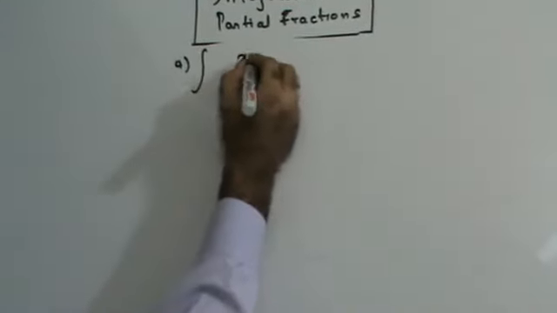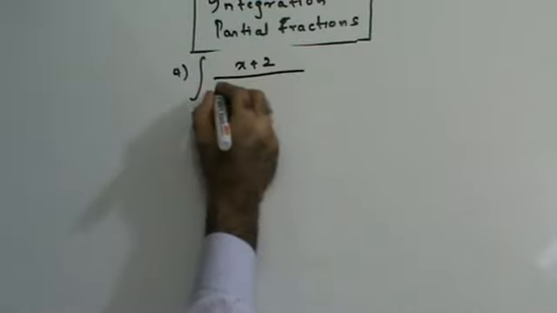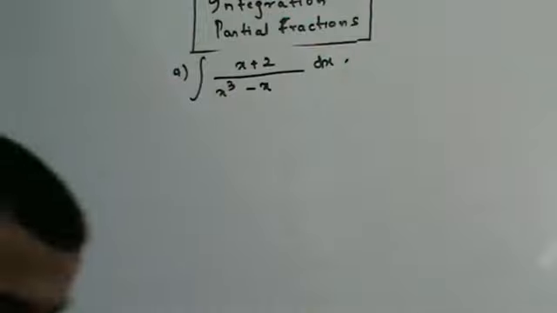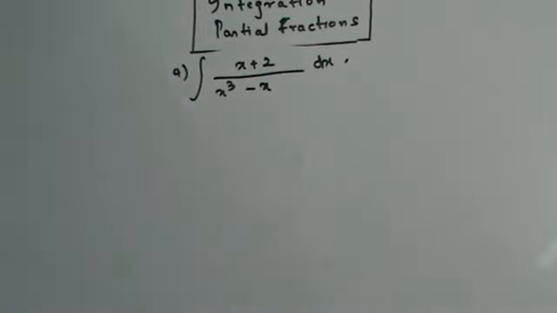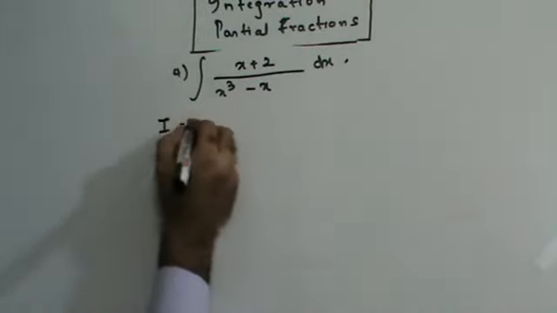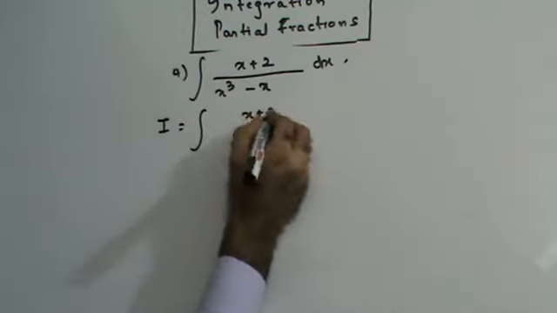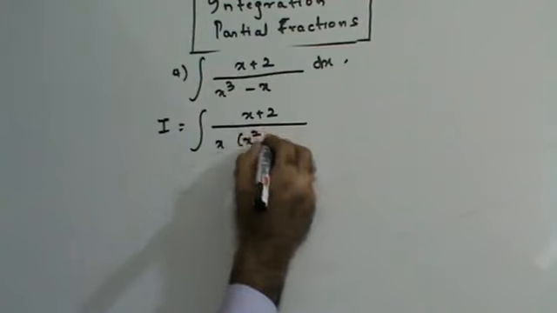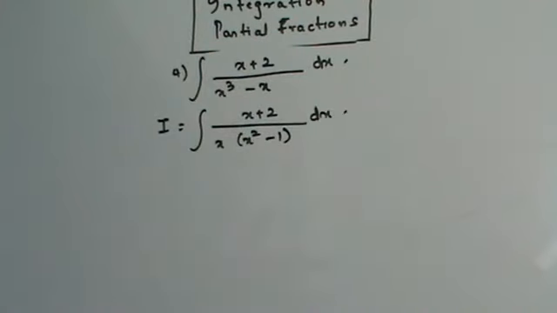Integral of (x plus 2) upon (x cube minus x) dx. Let's see this. I is equal to integral of x plus 2. I could take x common in the denominator, so I'll get x square minus 1 dx.